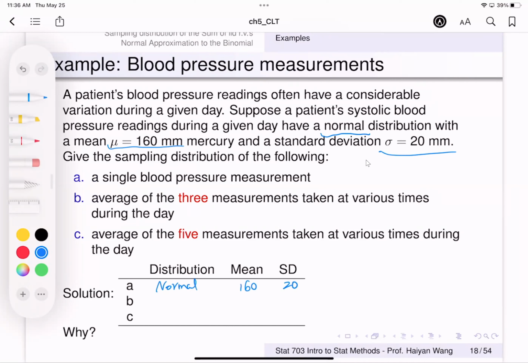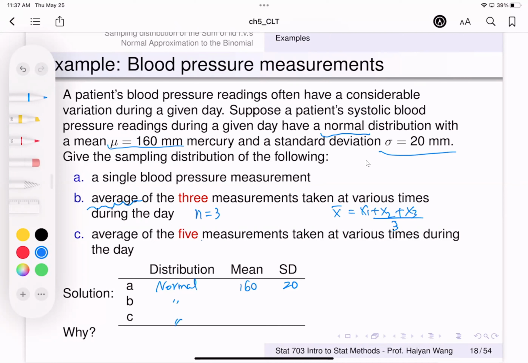The next one, B, is the average of 3 measurements taken at various times. Here n equals 3, and we are looking at the sampling distribution of the average, the X bar from the 3 measurements. We know that if the population is normal, then the average is always normal regardless of the sample size. So we can safely say normal for all 3 scenarios.